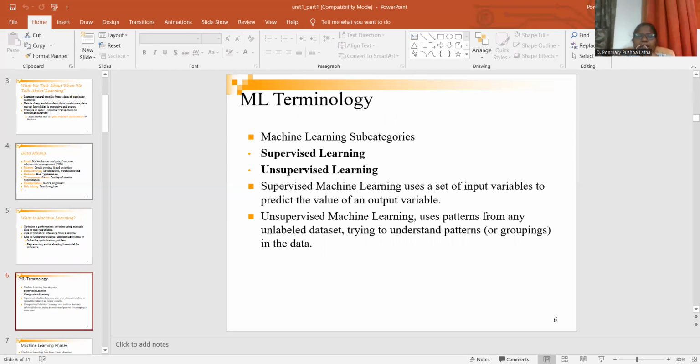Machine learning can be categorized into supervised learning and unsupervised learning. In supervised learning, we use a set of input variables to predict the output variable. But in unsupervised learning, machine learning finds patterns in an unlabeled data set and tries to understand the patterns.